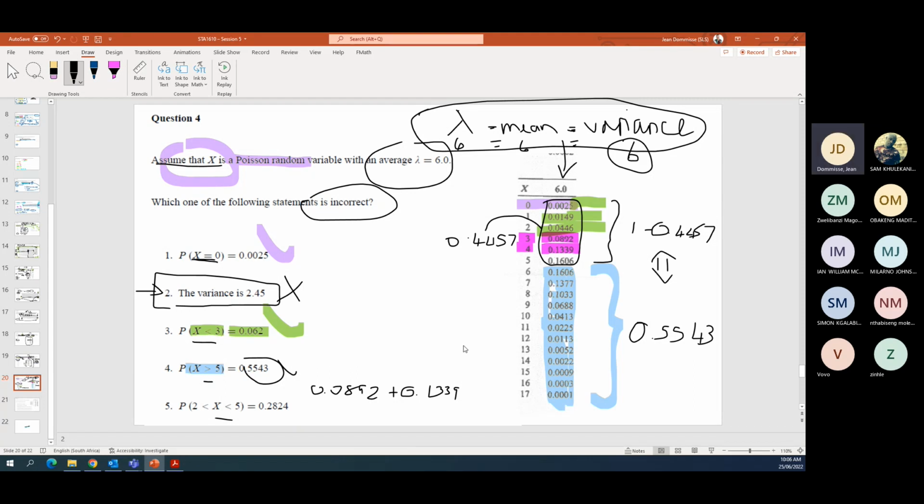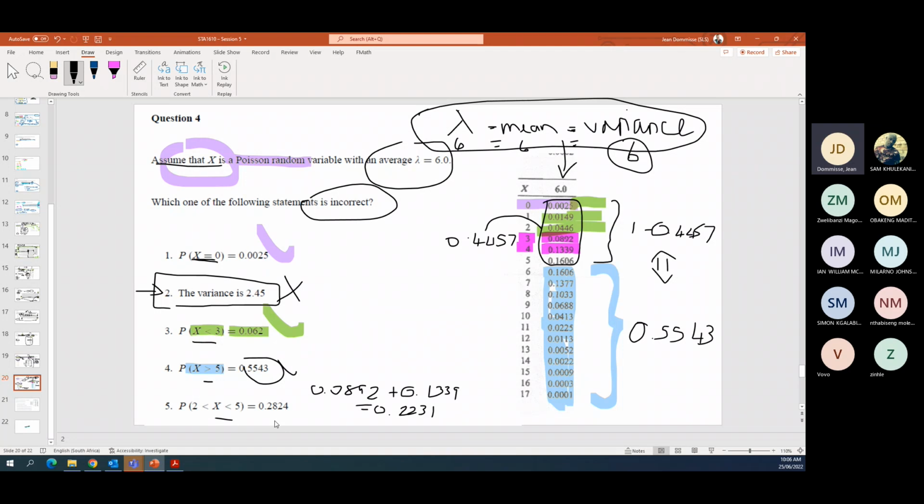Let me just see: 0.1339 plus 0.0892. Okay, so here is a mistake in this question. Here is definitely a mistake.